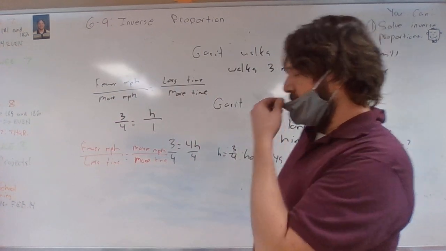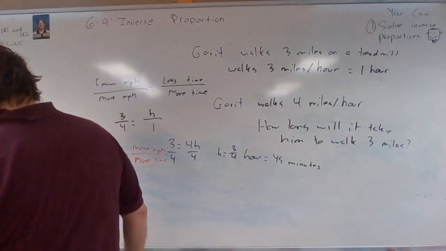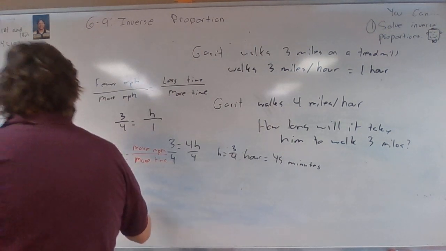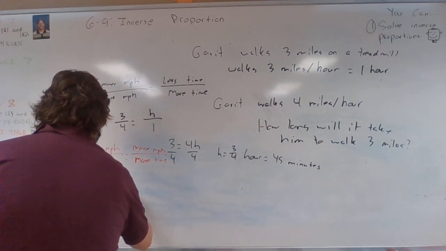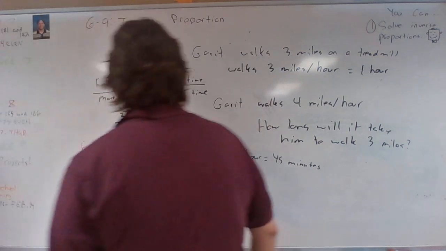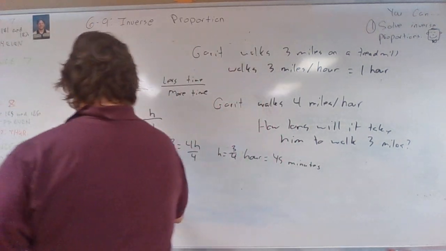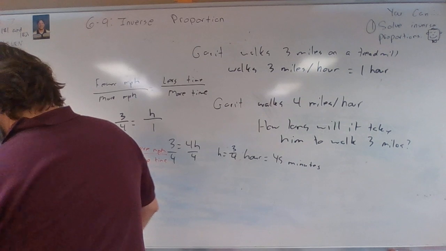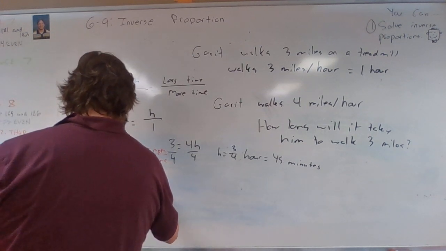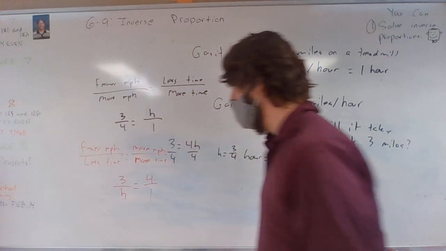And once again, I can set in all the information that I know here. So fewer miles per hour, that I know. What I don't know is less time. More miles per hour, that I know, versus 1 hour.